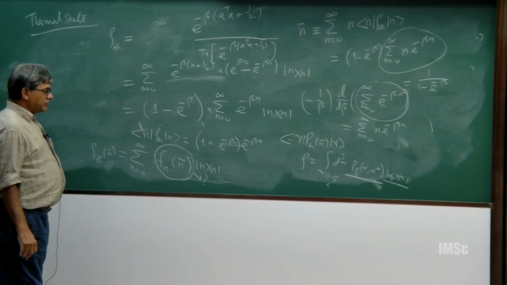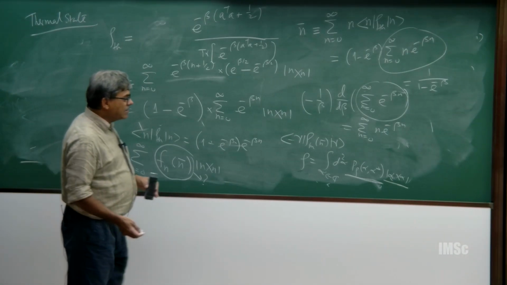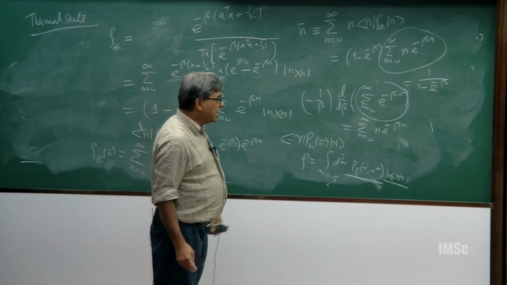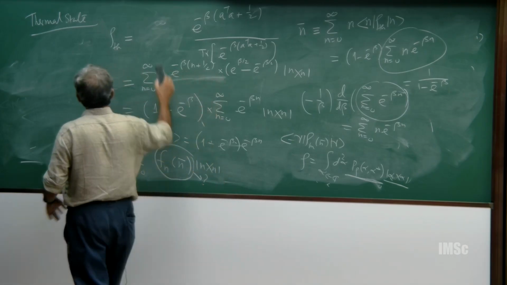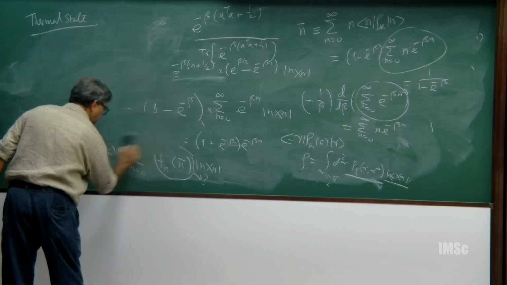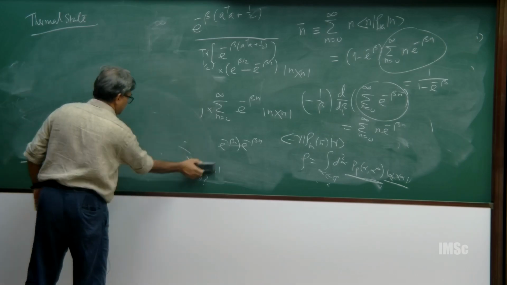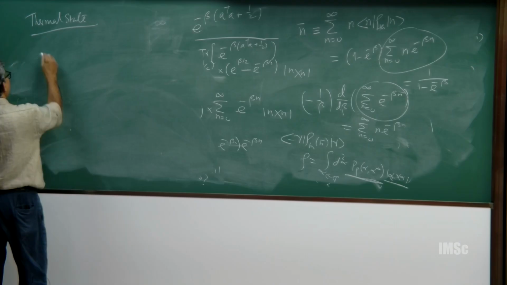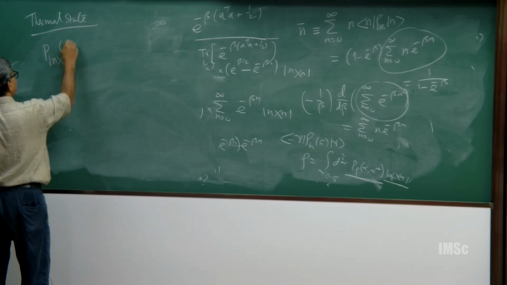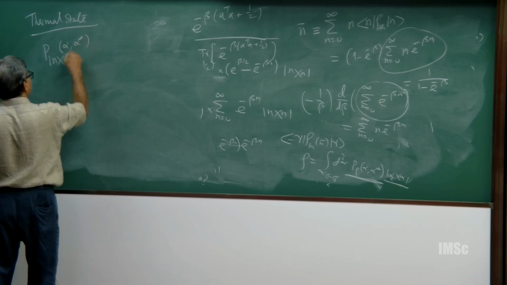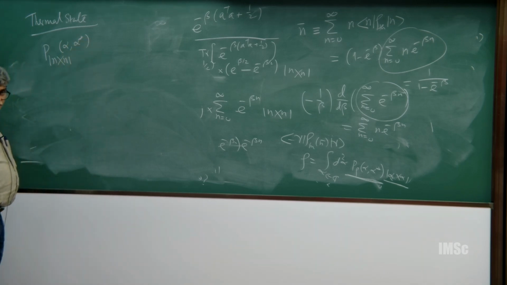Okay, good. On the other hand, this will be again a bit tricky, but you can in principle figure out what the P distribution will be for a photon number state, a Fock state.